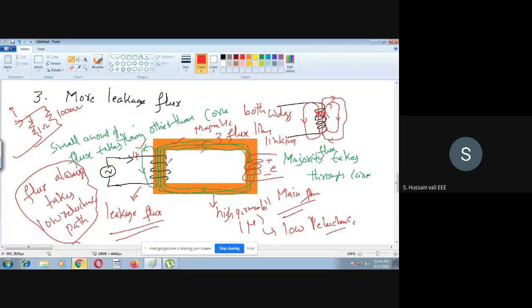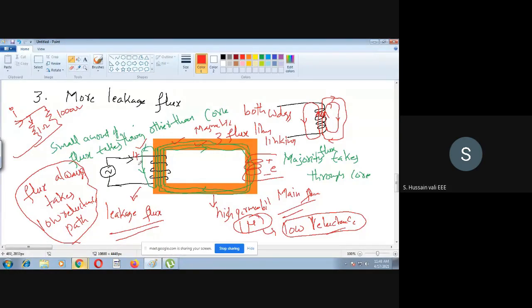Now when you compare the flux lines, three are traveling through the magnetic core, whereas the fourth flux line is making a closed path through the air. The three travel through the magnetic core because it has high permeability, so its reluctance is less.